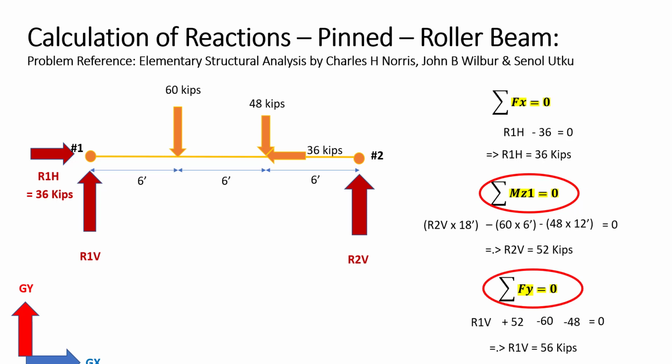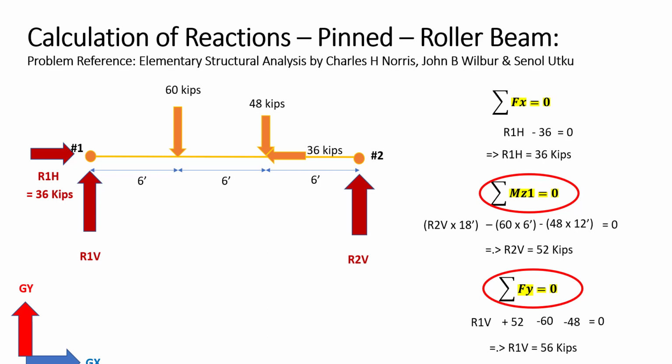And then we had substituted the value of R2V in sigma Fy equal to 0, and we had directly solved for R1V. The point I'm trying to make here is that you can take the moment about any point in the plane. That is perfectly fine, but that might create inconveniences.